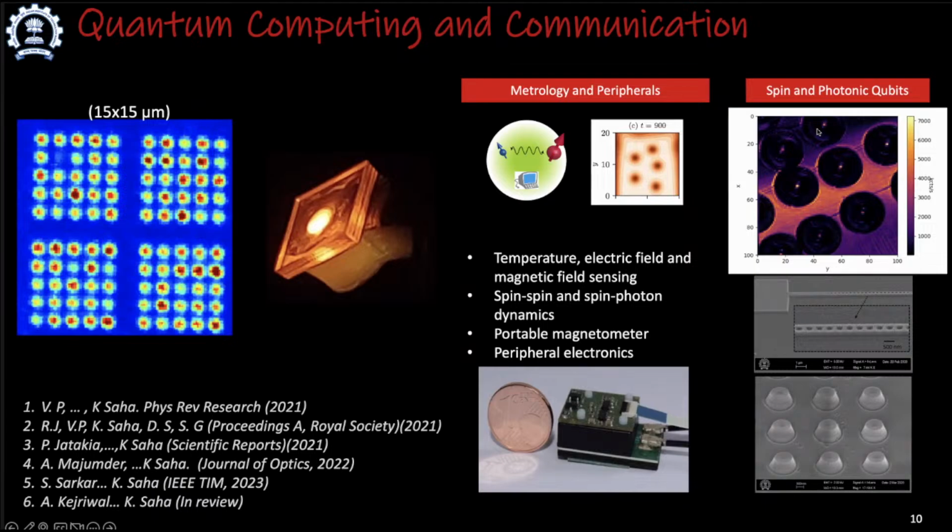What we intend to do, and have been working on, is trying to couple the spins and the photons together and understand the interactions of the spins and the photons, the photonic coupling with spins. One of the key applications is the development of memories.